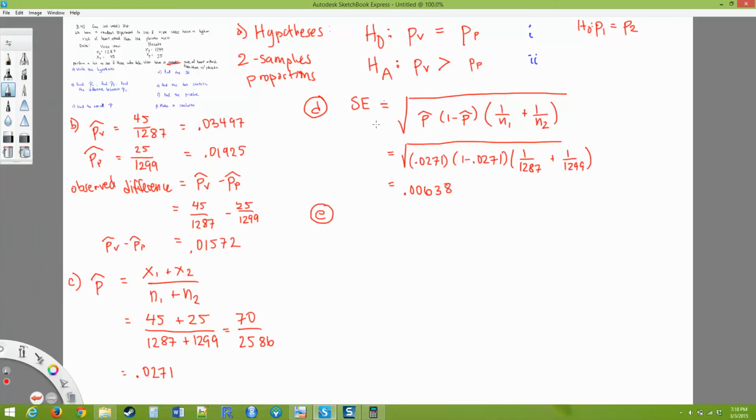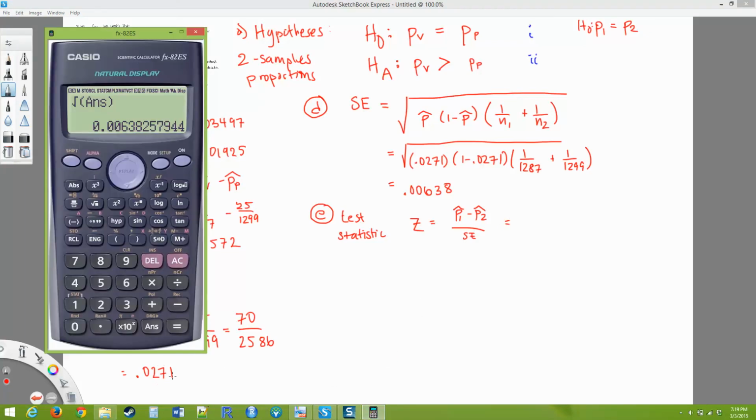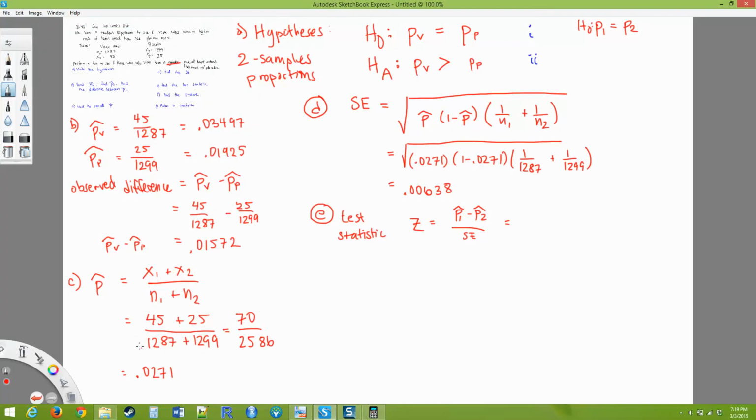And now we want to find our test statistic, which is our z-score. So the z-score is going to be P1 hat minus P2 hat divided by our standard error. I could use 0.01572, which is something that we've already found.